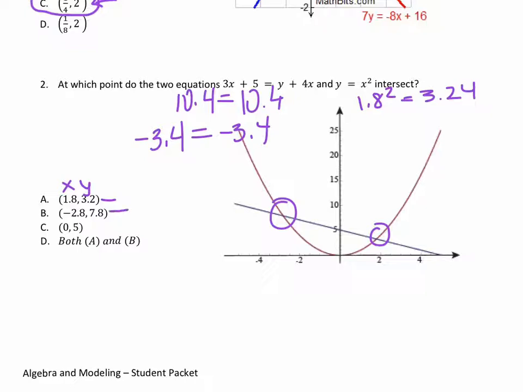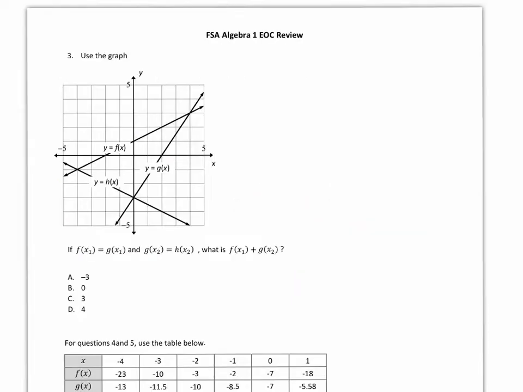So far A and B are both working, but let's look at why C is wrong. C says right here it intersects both equations, and it definitely does not do that there. So D is your answer.